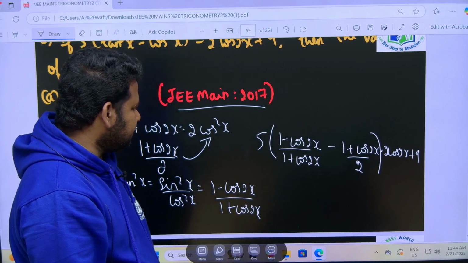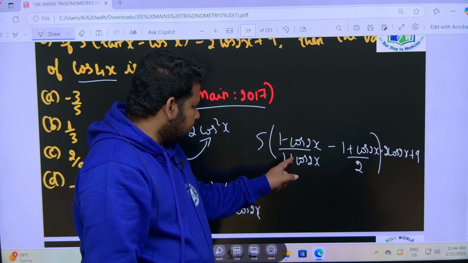Okay, what we are having here is 1 plus cos 2x and 2.